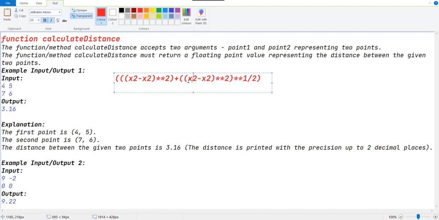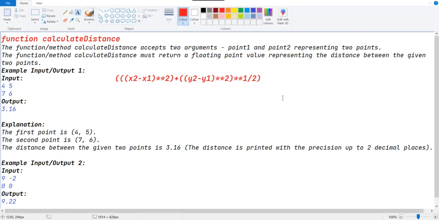The root is nothing but the power of 1 by 2. I'm kind of lazy to write those things. This should be x1. Yeah, this is the formula.